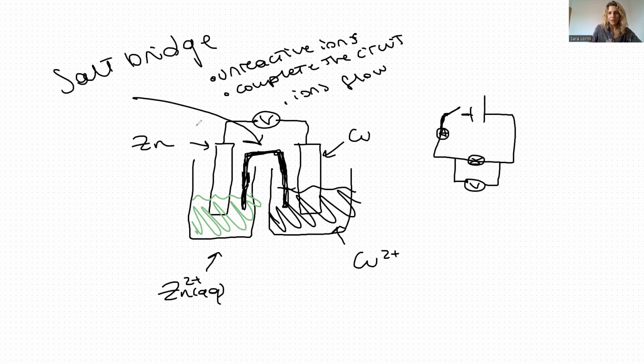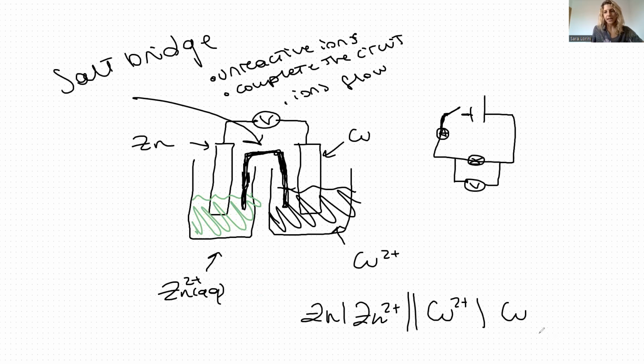You would know this by looking at the values of the electrode potential. Anyway, we will have the solid zinc electrode in contact with zinc 2+ solution. The zinc 2+ solution is in contact with the salt bridge, which is in contact with the other solution. Remember, the salt bridge connects the 2 solutions, which is in contact with the copper electrode.